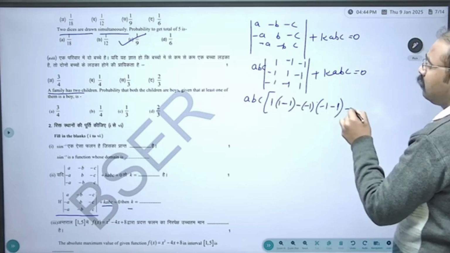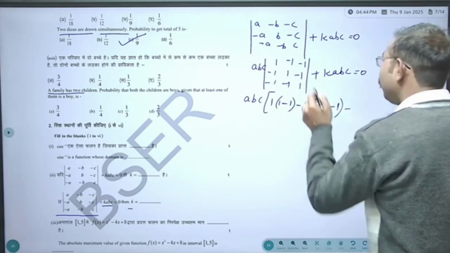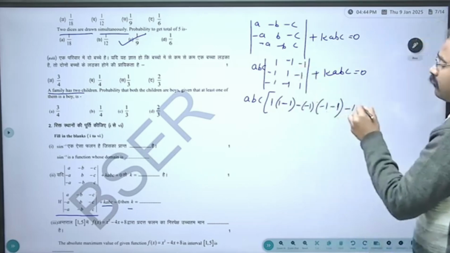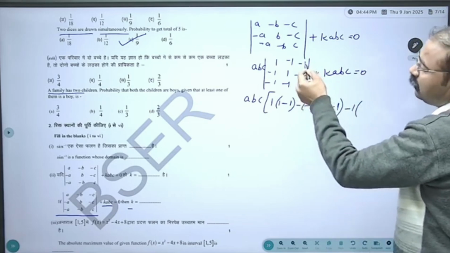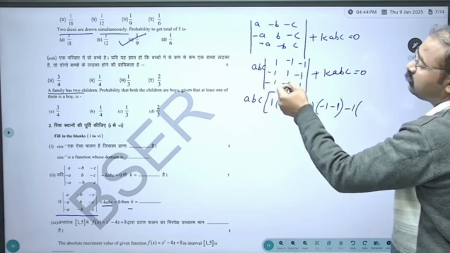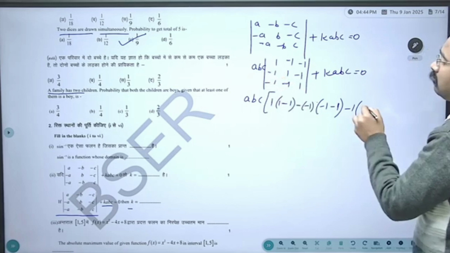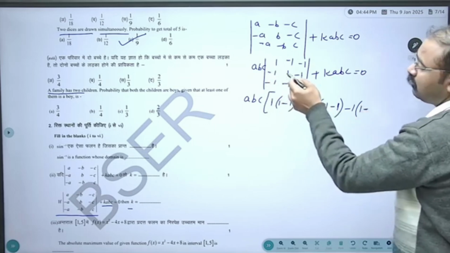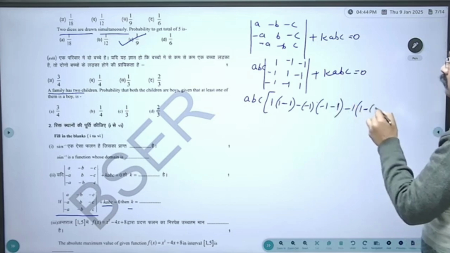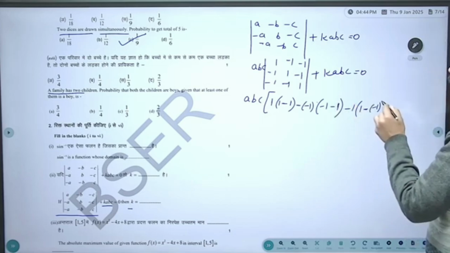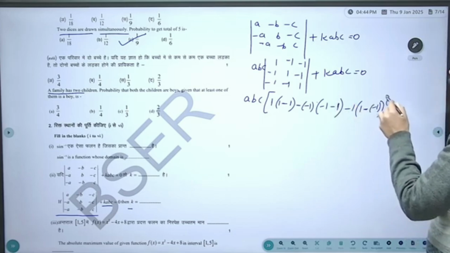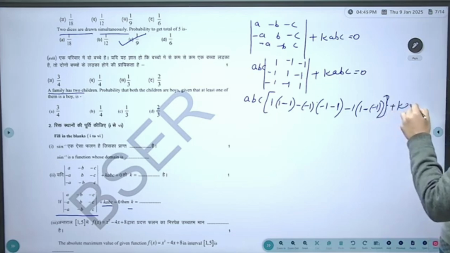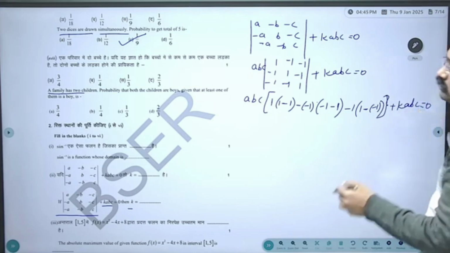Then the third element is -1, by leaving this column and this row, -1 into (-1 plus 1) minus 1 into (-1 minus 1), plus k abc equals 0.